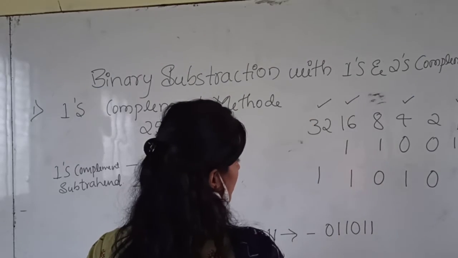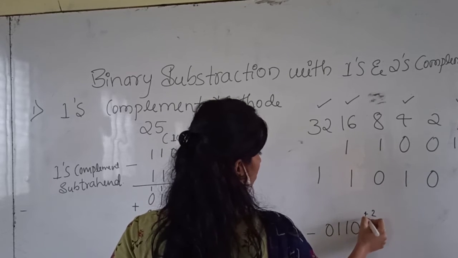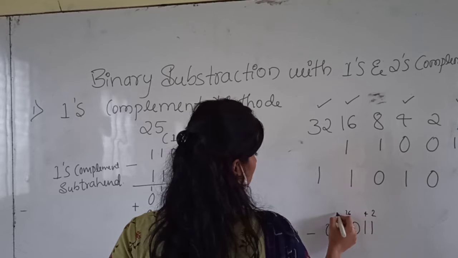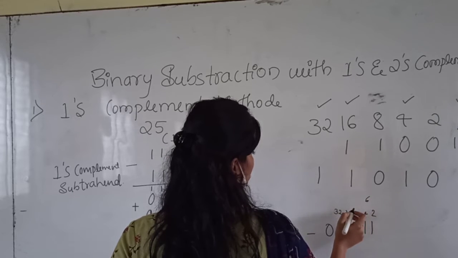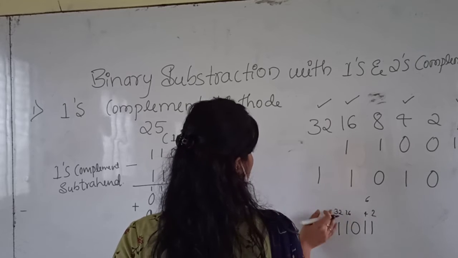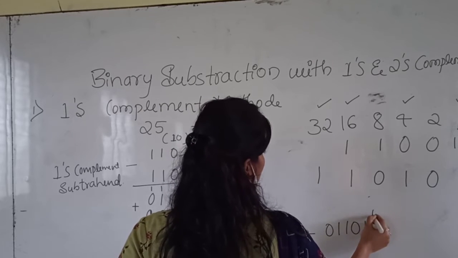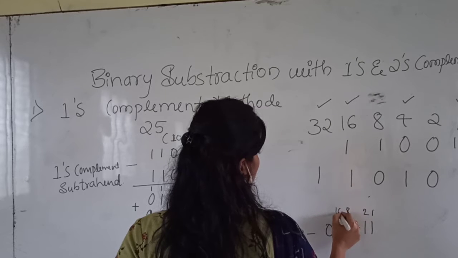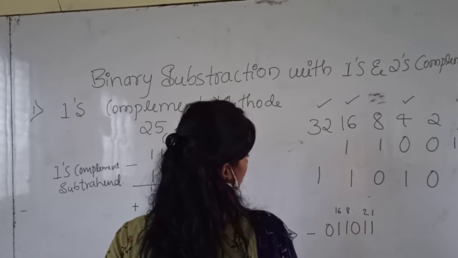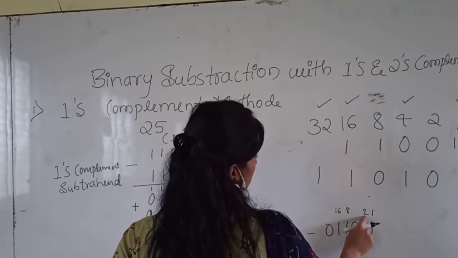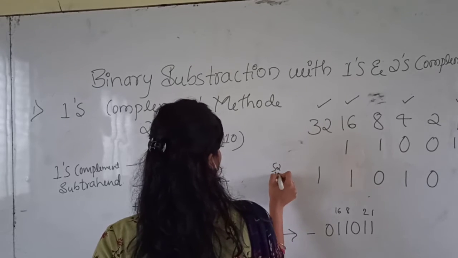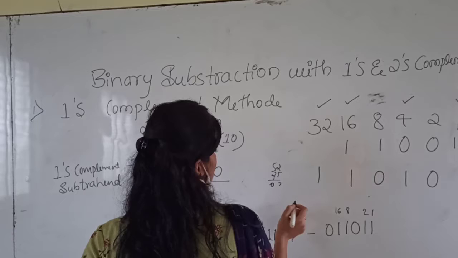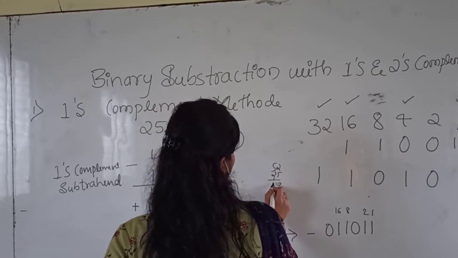The decimal equivalent is 16 plus 8 plus 2 plus 1, which is 27. This means 52 minus 25 is 27.